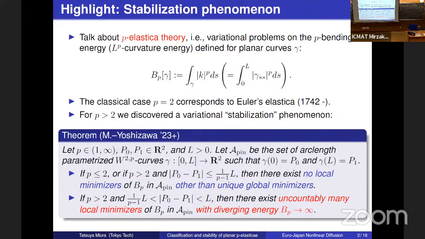And also, we can extract a subsequence whose energy diverges. So in this sense, we should say that in the degenerate regime, we have a very strong and non-trivial variational stabilization phenomenon. Okay. And the purpose of the rest of this talk is to explain why this kind of stabilization phenomenon occurs.